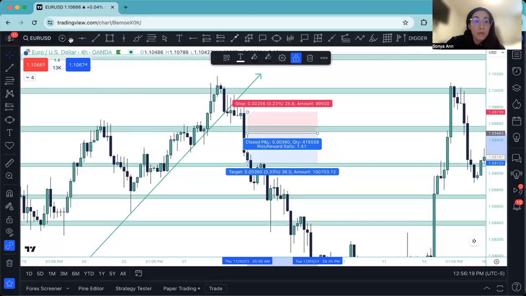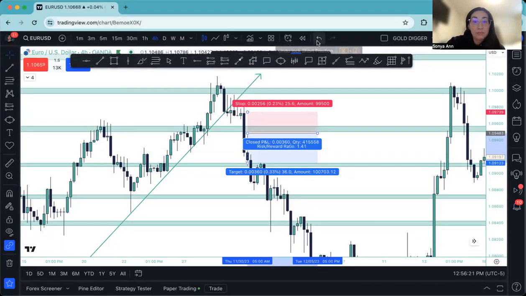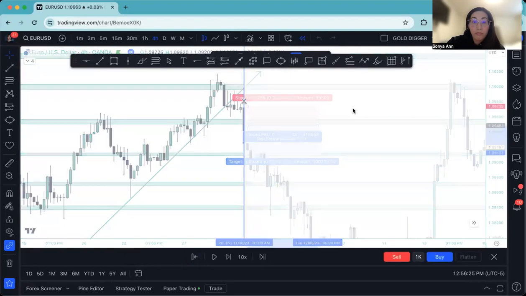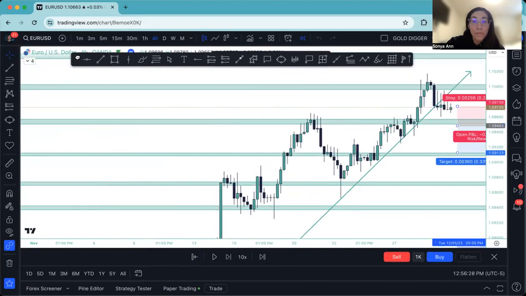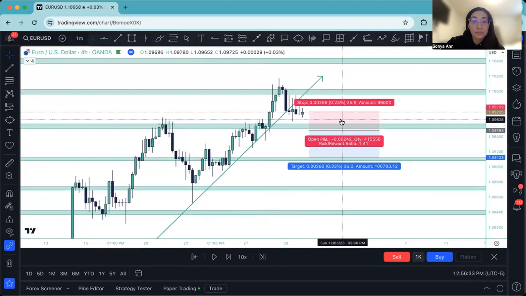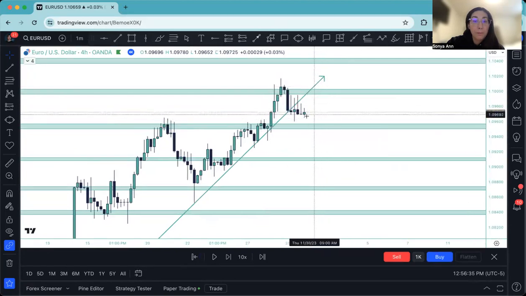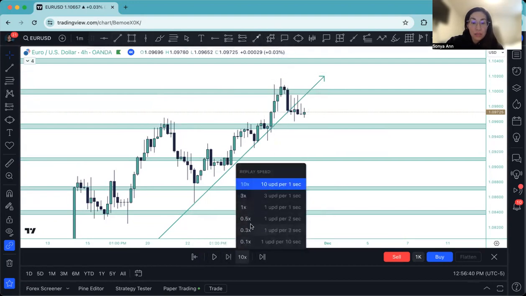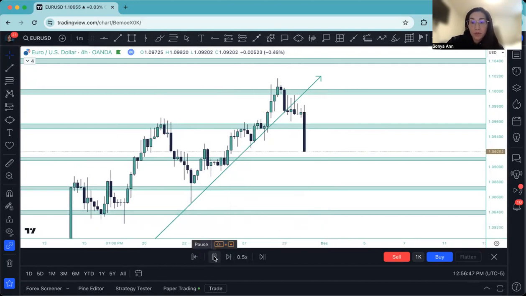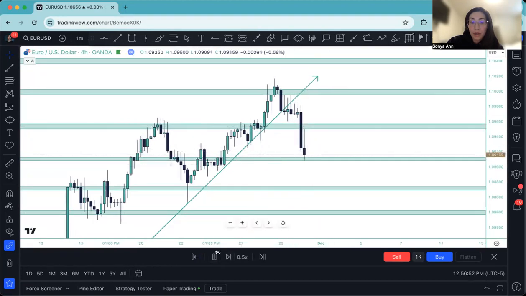I'm going to use the bar replay so you can actually see the exact way, and put it at 0.5. Let's play it. So it broke. See how it broke that area?